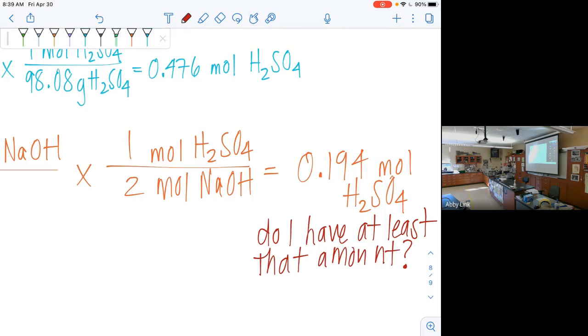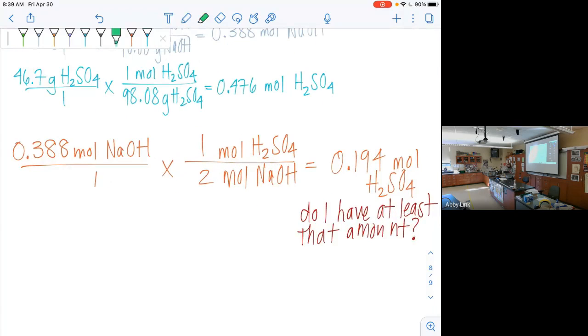What this tells me is that this NaOH is the limiting reactant, and that means I am going to use up all of it.